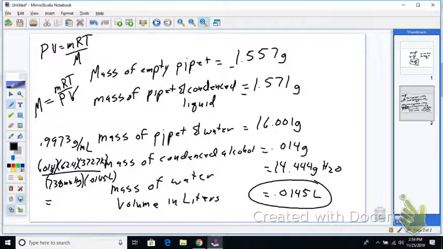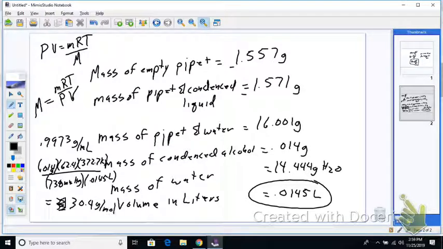Okay, and then the answer you come up with is 31, right? Is that what you guys got? I got 30.4. Did you get 30.4? Yeah. Okay. And that would be grams per mole.